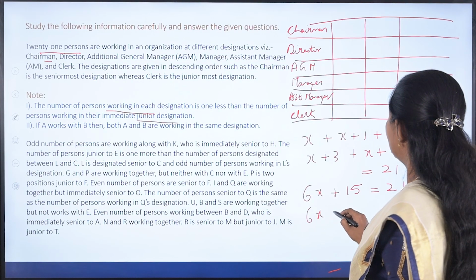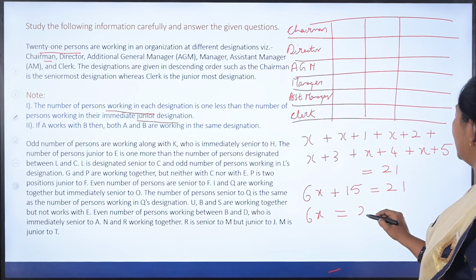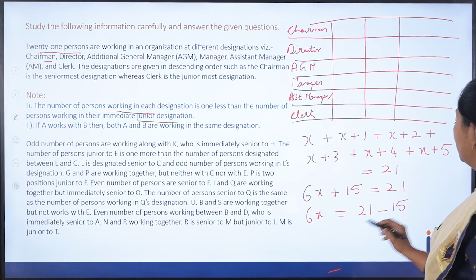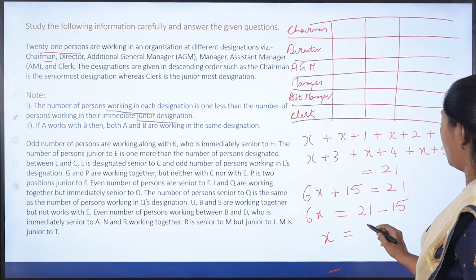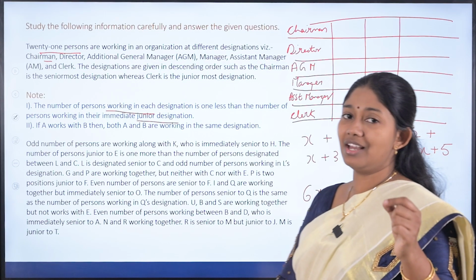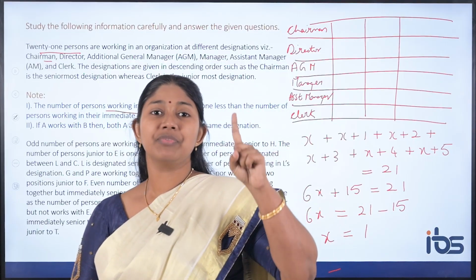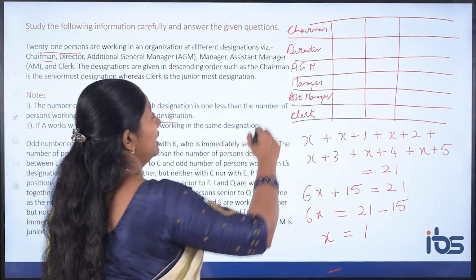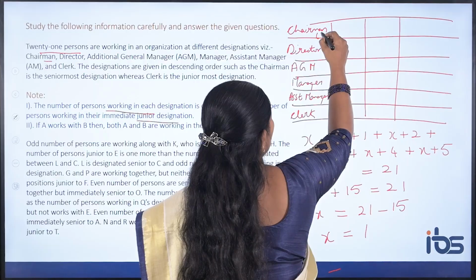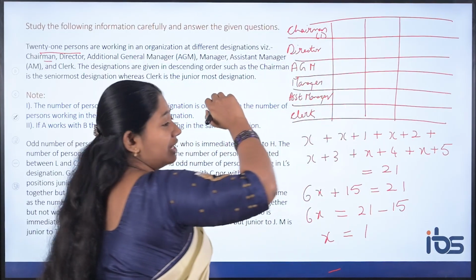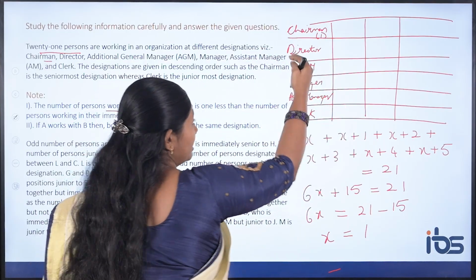So 6X is equal to 21 minus 15, which is 6. 6 by 6, X value is 1. So the number of persons working as chairman is only 1 person.